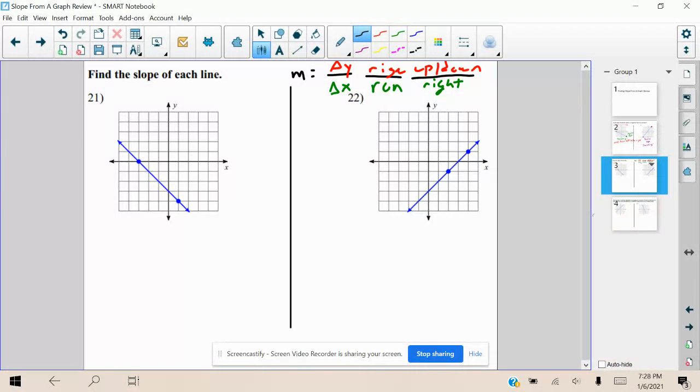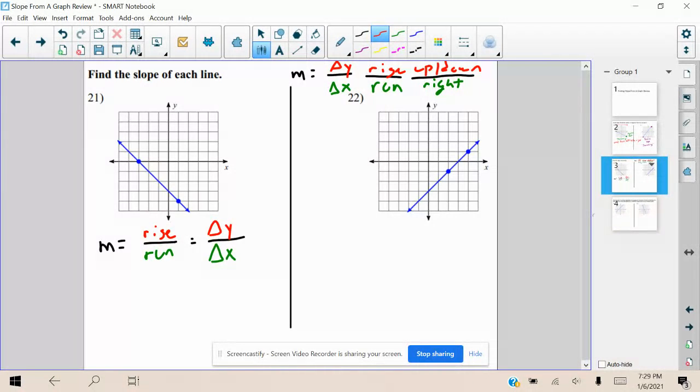Let's look at problem number 21. Again, we know the slope is equal to our rise over our run. We also call it the change in y, and that delta sign means change, over our change in x.